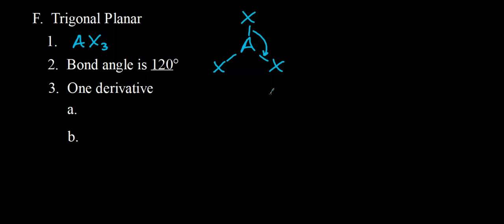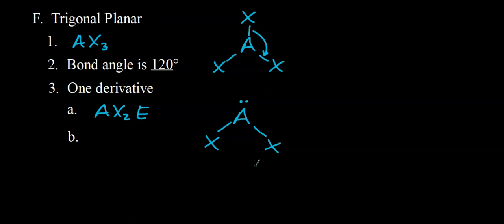A molecule or polyatomic ion that has a trigonal planar electron geometry, but because not all of the electron groups around the central atom are bonding pairs of electrons, we call it a derivative. And so the one derivative is this. This time we still have three electron groups on the central atom, except this time we have two bonds and one lone pair.